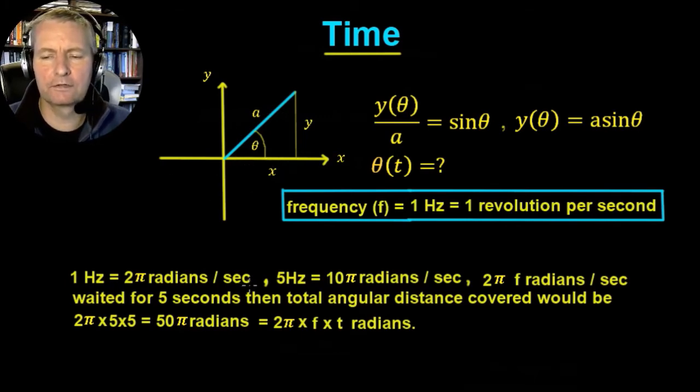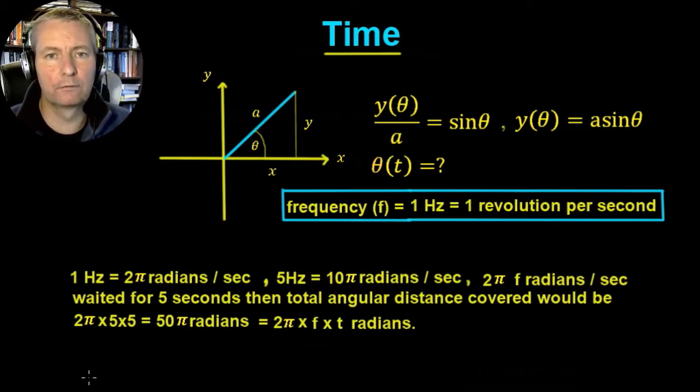Now let's say it wasn't travelling at 1 Hertz, but at 5 Hertz. Then it would be going 5 times as fast, so it would travel 5 times 2 pi, which is 10 pi radians in a second. Therefore you could say it's travelling at 2 pi f radians per second.